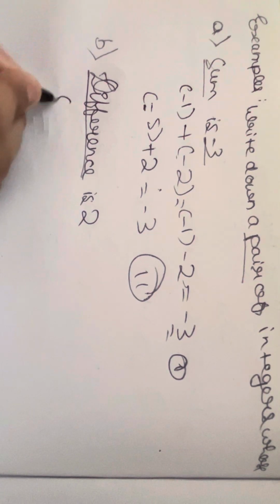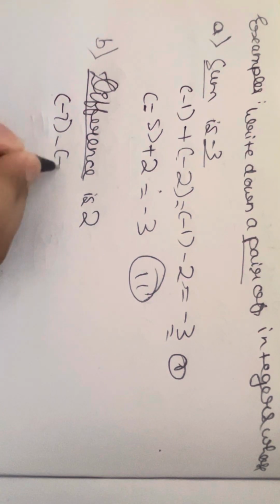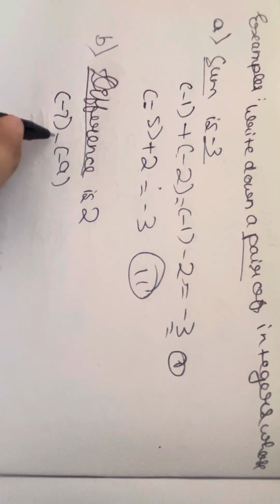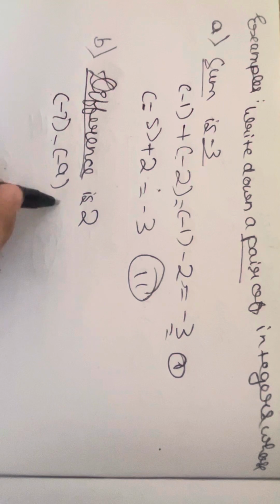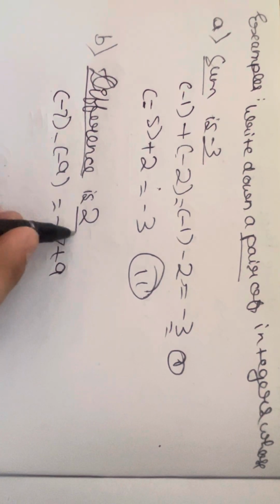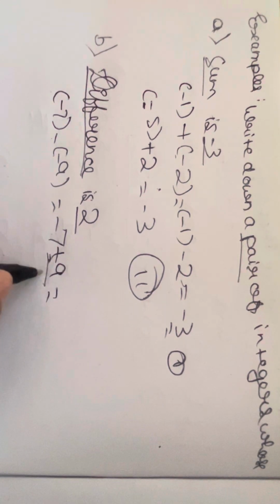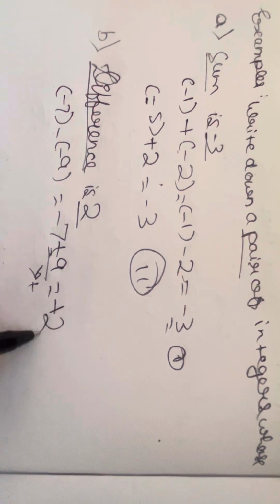Differences we can subtract. Minus 7 minus minus 9. So basically you have to subtract that, and as said earlier, in multiplication minus into minus is plus, so minus 7 plus 9. So the difference here, the answer is positive, so here also the greater number has the positive symbol, so plus 2.